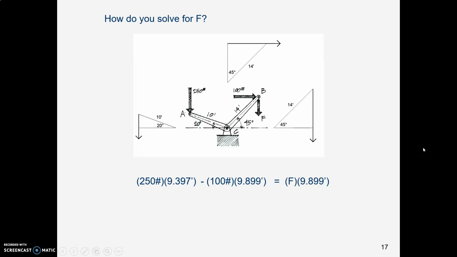Okay, now how do we get F by itself? Well, we can do the same thing to both sides again. Divide both sides by 9.899 feet. These two will cancel out.